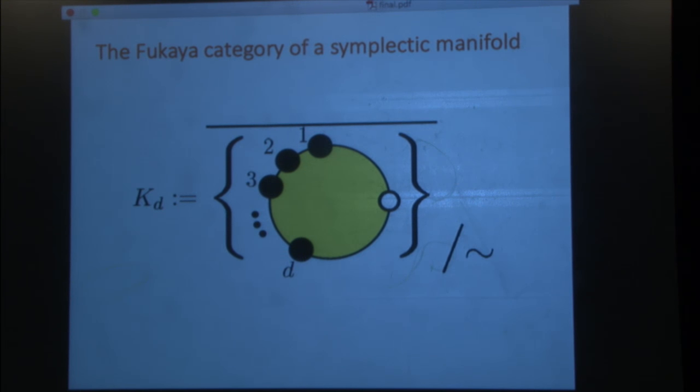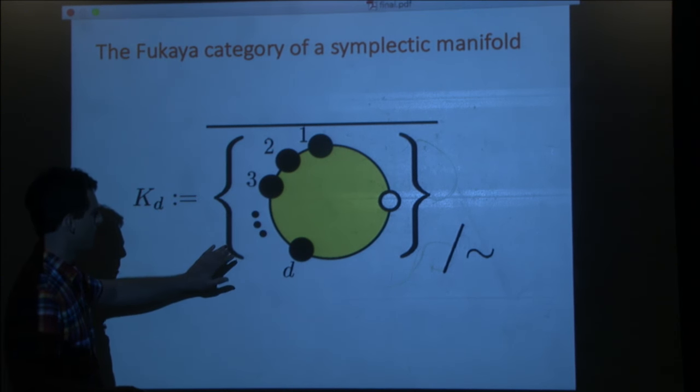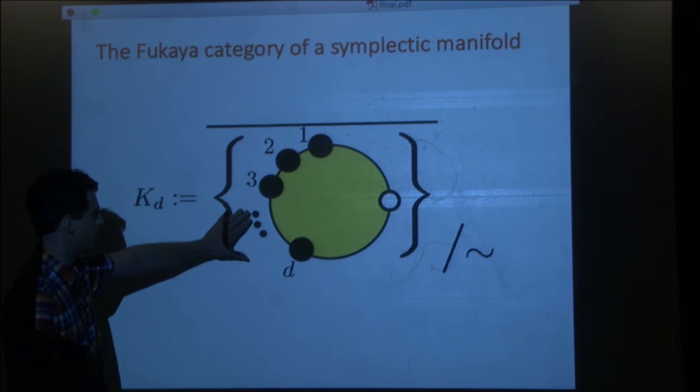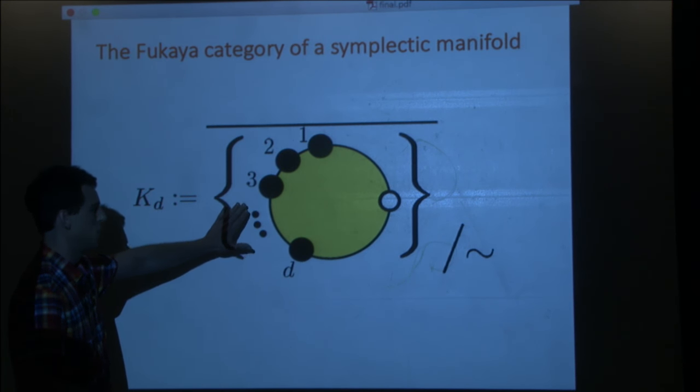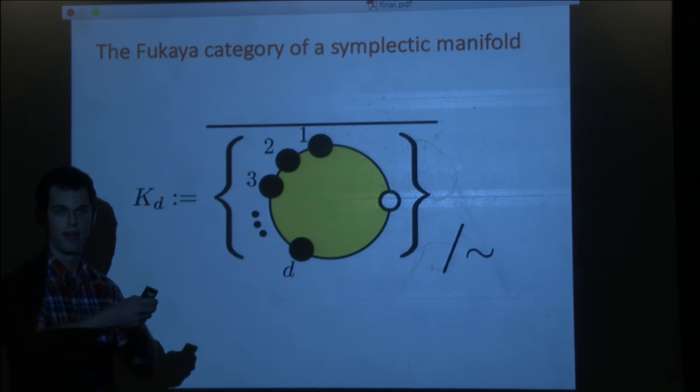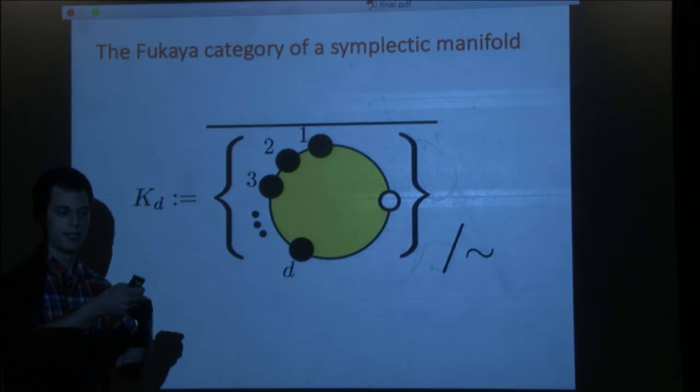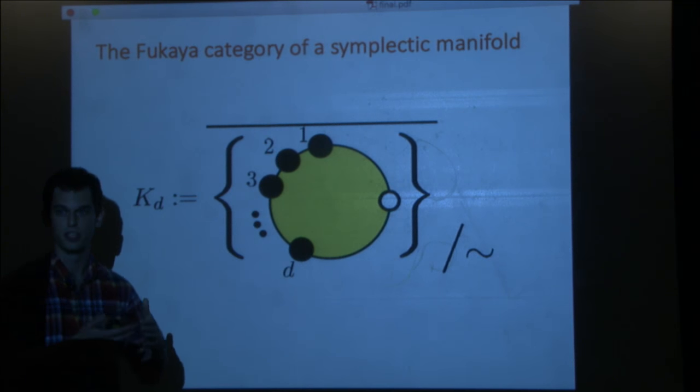So there's this whole space of possible domains, and let's call that K_d. What we're doing is looking at all the possible configurations of d+1 punctures on a disk up to holomorphic equivalence, and then compactifying that. We compactify by saying that if points collide, we remember the fashion in which they collided.